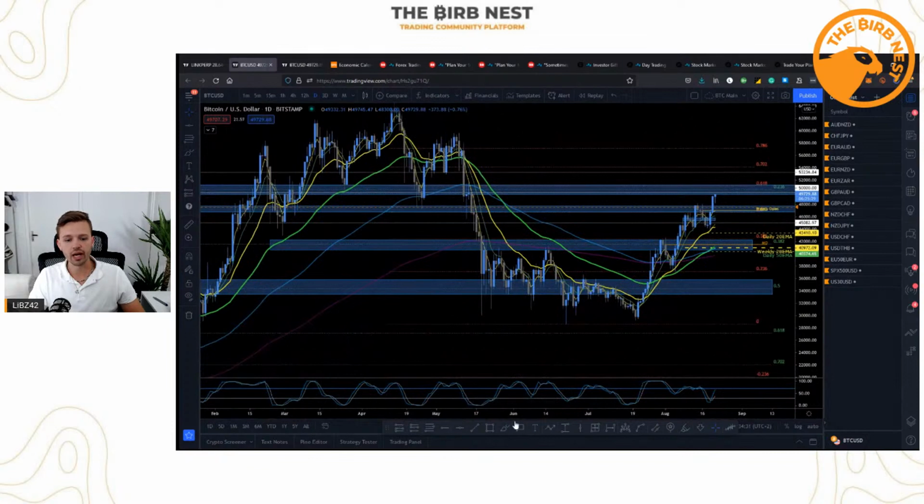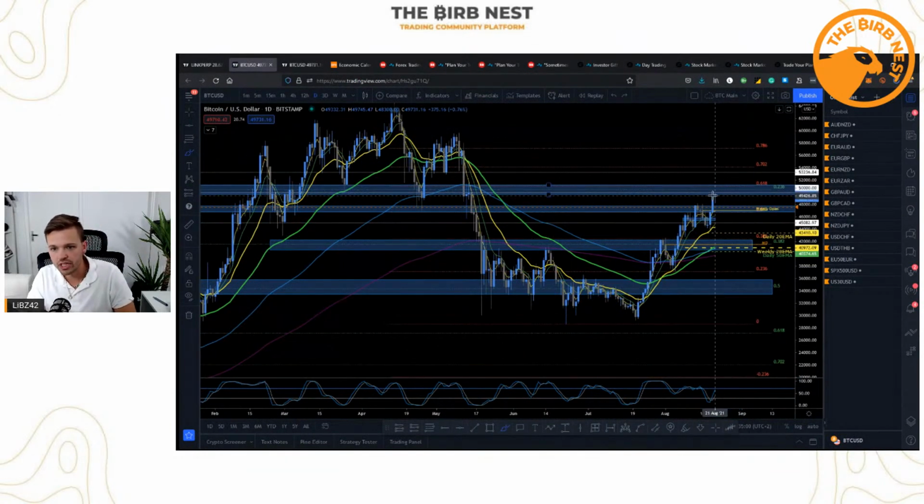And if we do actually break above this area, I anticipate this 53K area to act as resistance. And the question then is, will we get rejected here and hold this level as support? If that's the case, I think the bounce in that area will be a very good buying opportunity for Bitcoin.